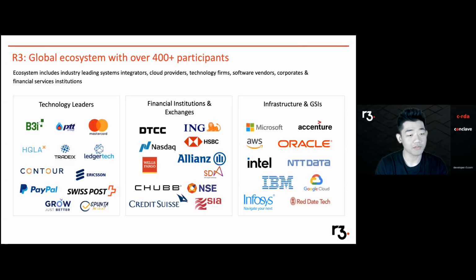With the financial institutions and the exchanges, that's the section in the middle. We're working with the DTCC, which is the clearinghouse in the US. We're also working with NASDAQ, HSBC, and the insurance giant Aviva.